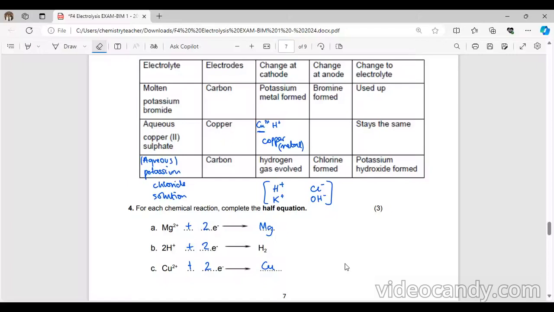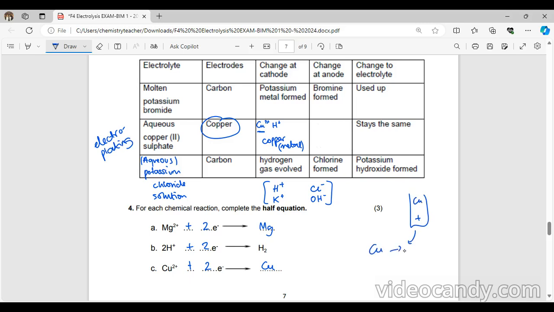And so for the change of the anode with aqueous copper sulfate, you'll notice here that the electrode is copper. So this looks like a setup for electroplating. What that means is the copper, which makes up the anode, will be oxidized.